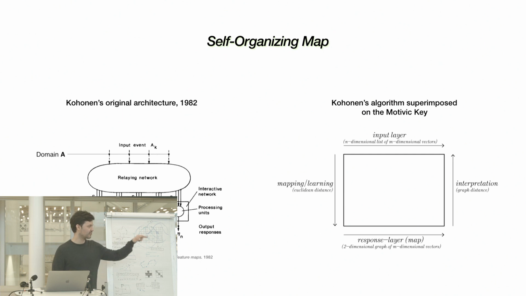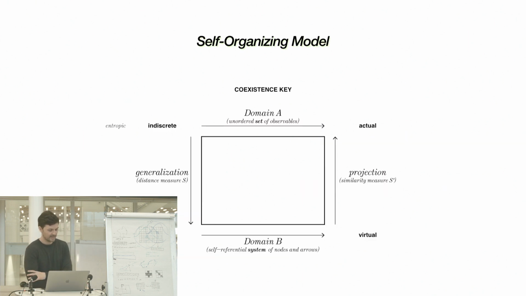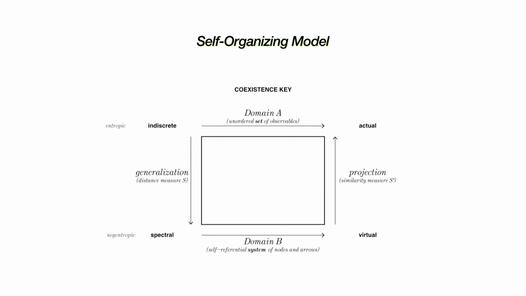So either they were improving the top part or the lower part, or the mapping between them, and so forth. So I then created my own key and named it a coexistence key. This key generalizes the self-organizing procedure on the basis of models of natural communication such as glossematics.